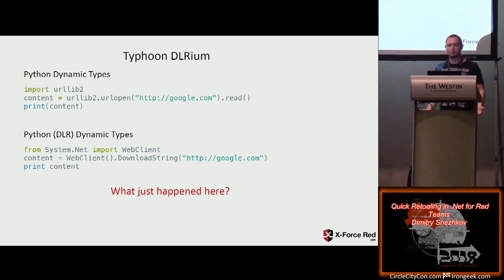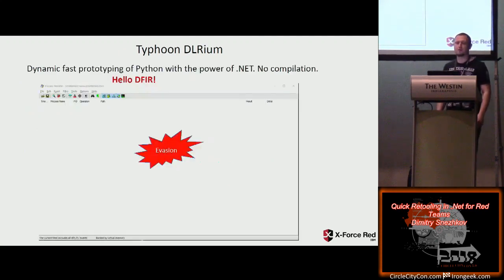So if you think about what just happened here, we just started coding in Python, which is 10 times faster to develop in for many people, right? And we also maintain the flexibility of PowerShell, and yet we're actually directly interfacing with .NET. Okay? This is what the DLR gets you. No compilation, no artifacts on the system.